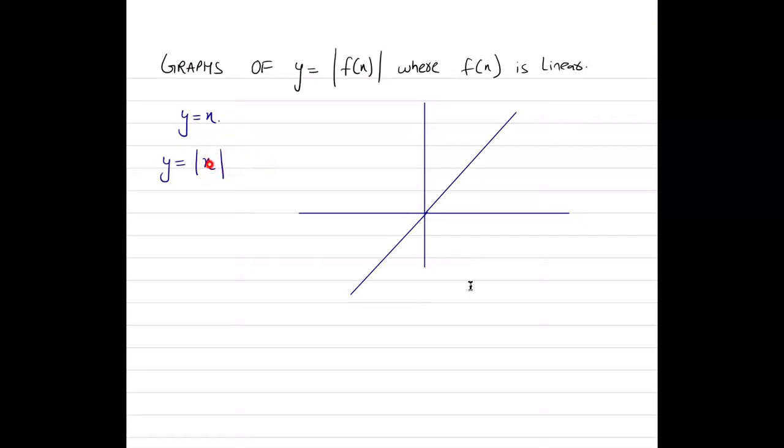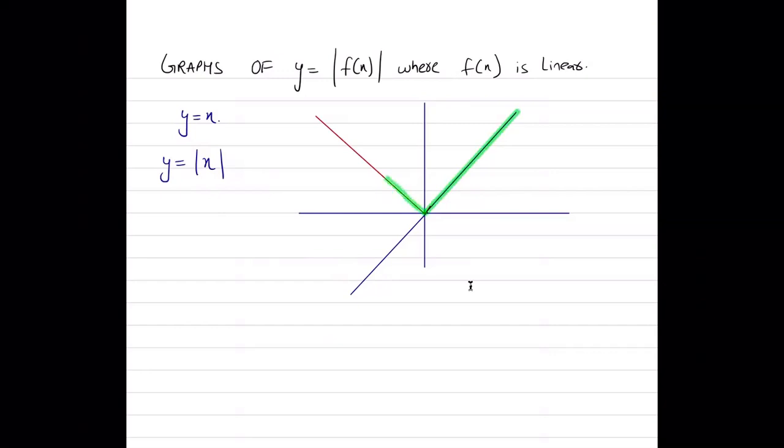So if x would have a negative value, what would happen after taking mod? It would reflect over the x-axis, and it will have positive values. So the bottom part is going to be reflected at the top, and this part would stay the same because it's positive.